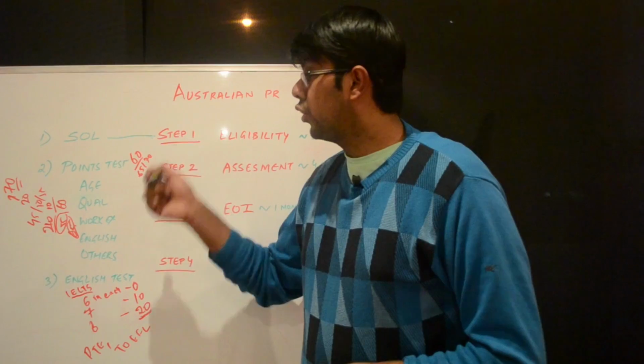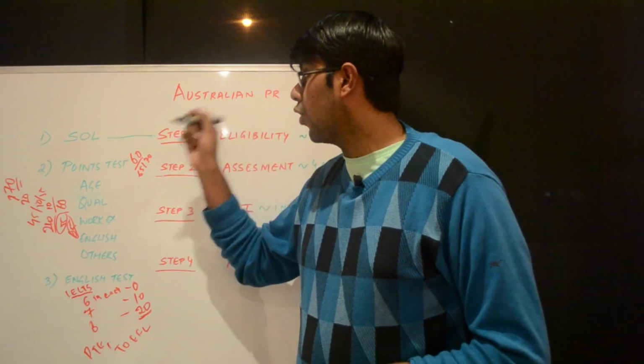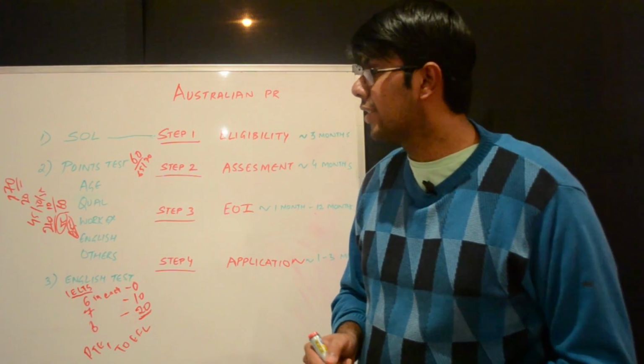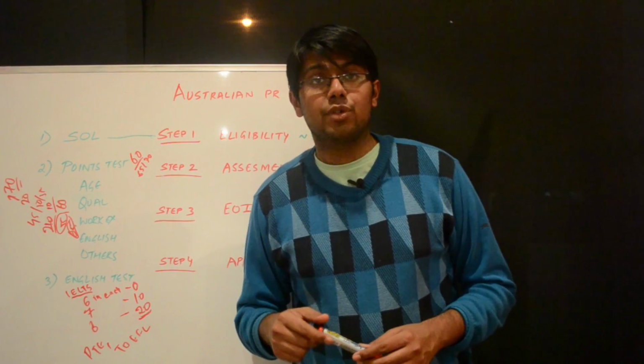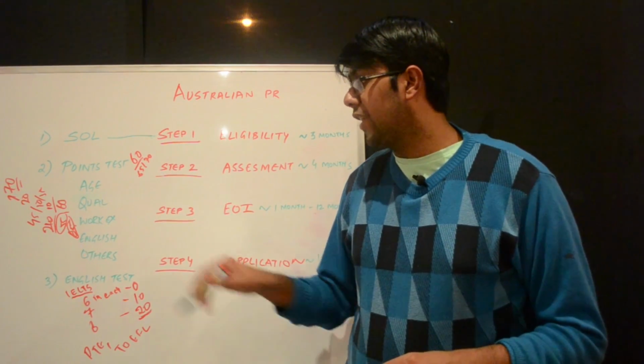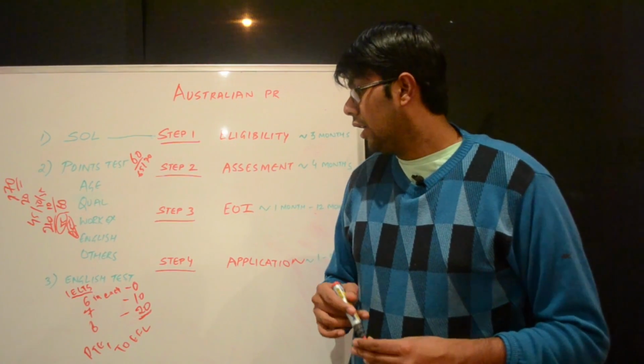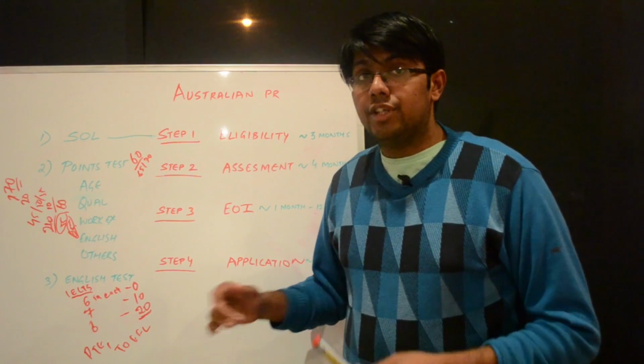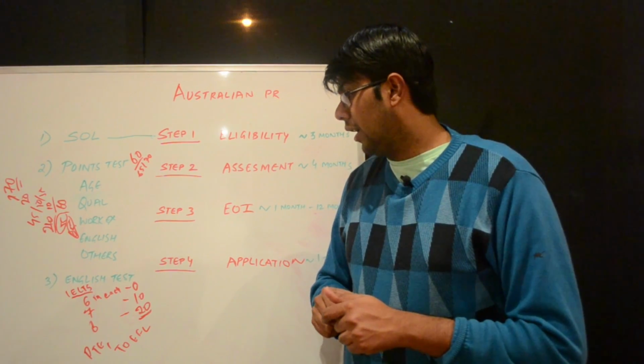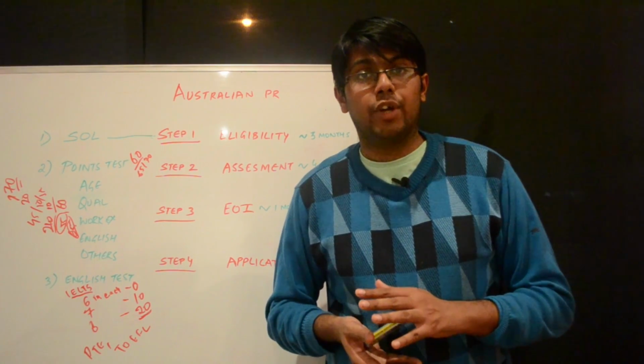So, 3 steps. First step is to go and find out whether your occupation is listed in the skilled occupation list. The second step is to go and check how many points you have and how many points you need for English. And the third is to actually start preparing for the English test, and then you can register for it.